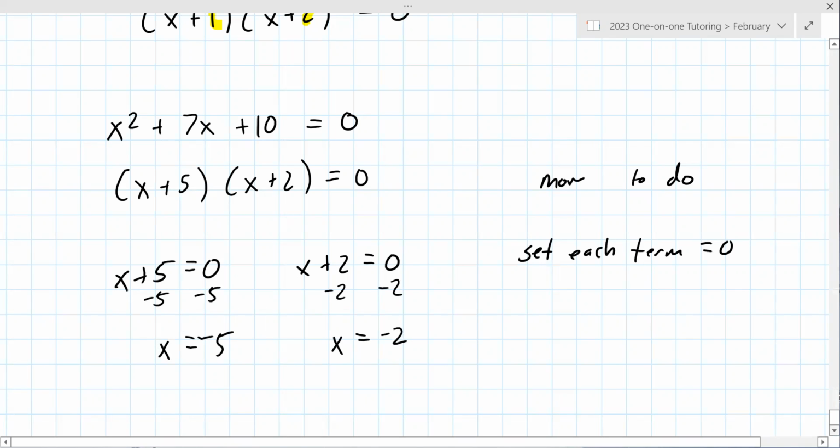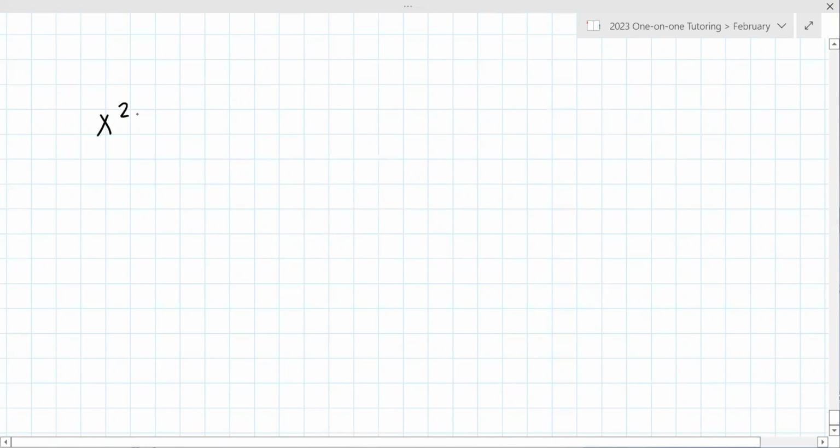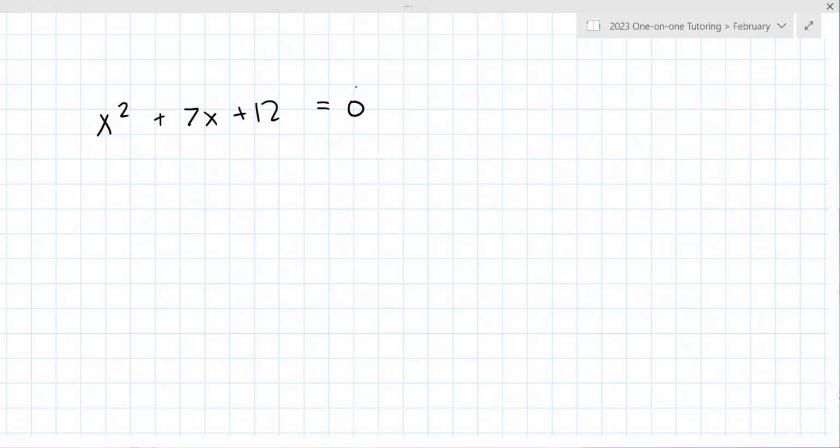Good. Let's do another one here. Let's say it's x squared plus 7x plus 12 equals 0. So you first try to get numbers that multiply to 12 but add to 7.